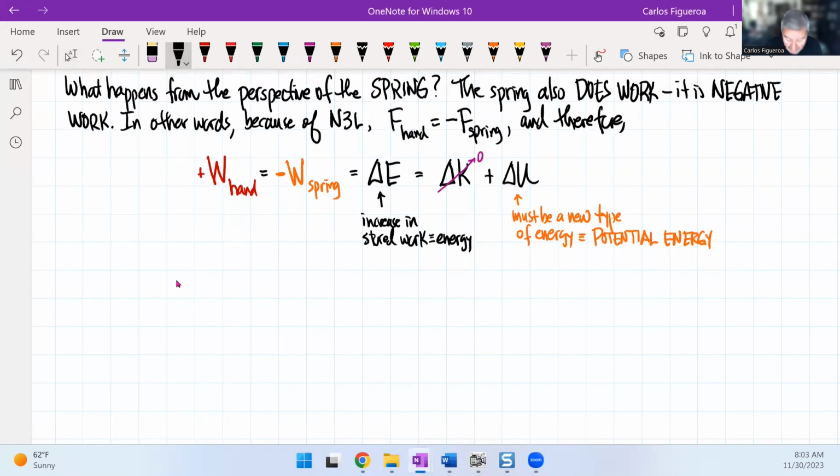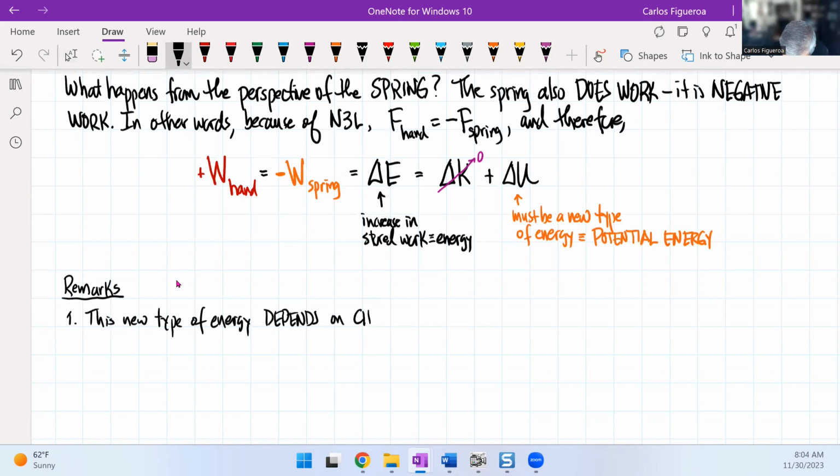The first thing that I would say here, if I just make some remarks, is that this new type of energy depends on changes in position.